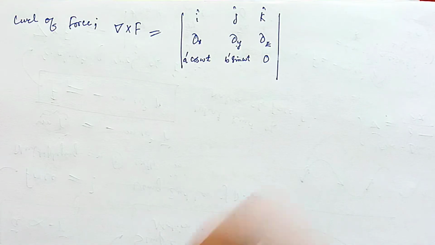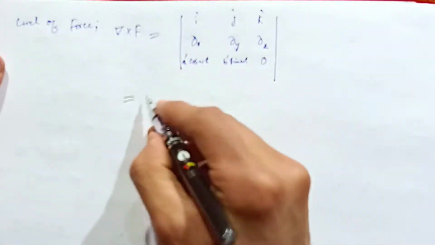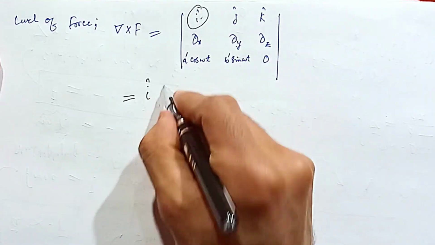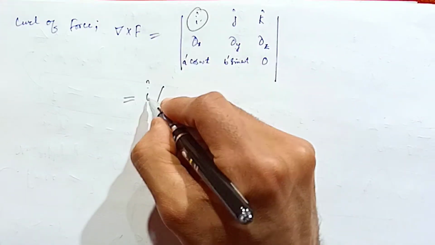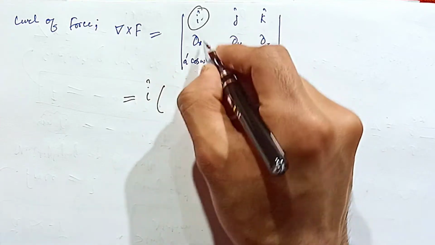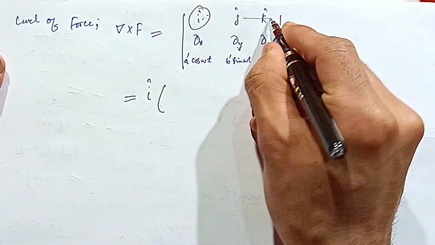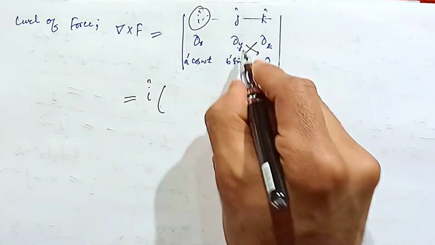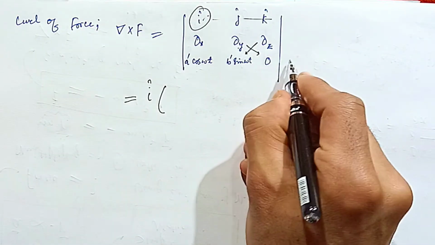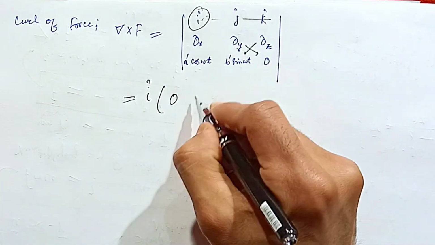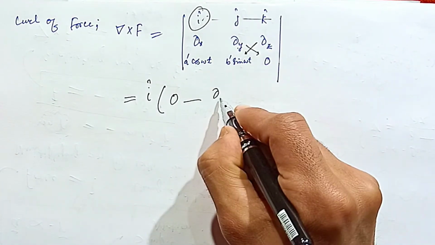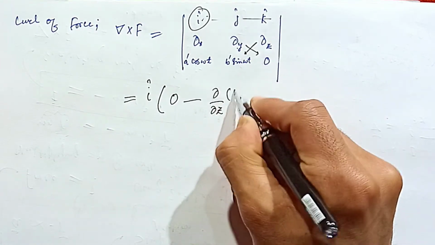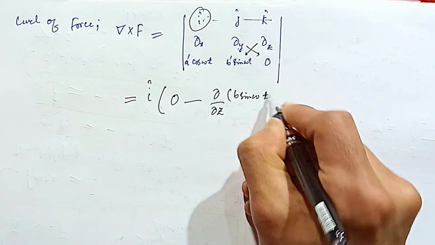And we know the calculation of the determinant. It is done along this very row, keeping i hat, then deleting this row and column and cross multiplying. So partial differentiation of 0 vanishes, minus partial by partial z of b prime sine omega t.